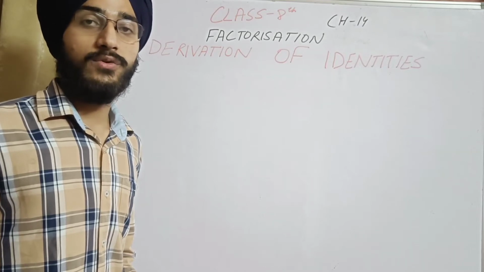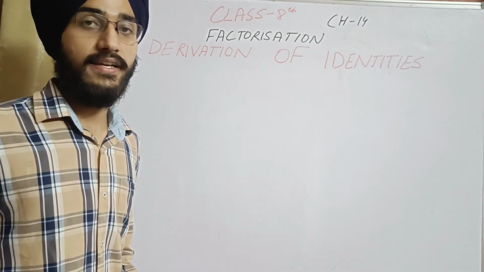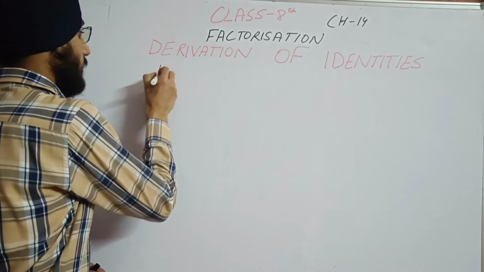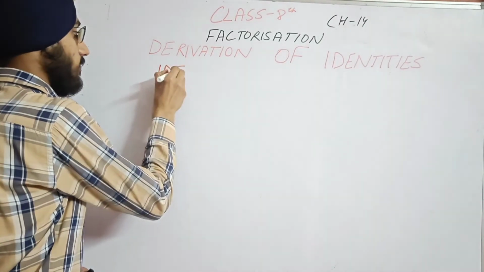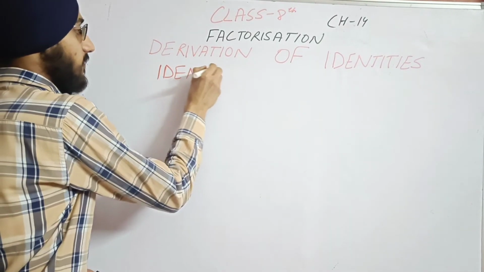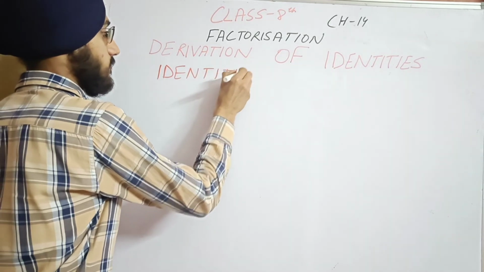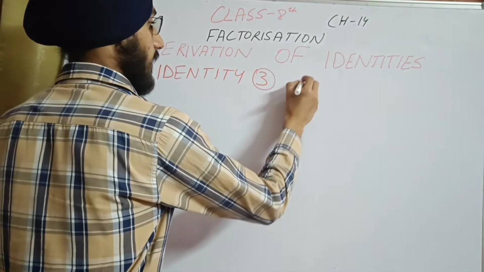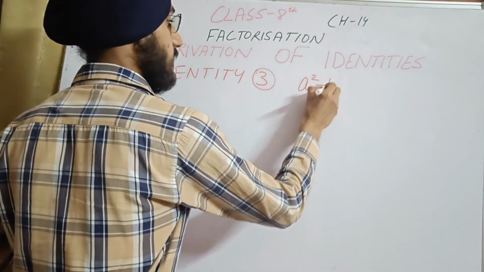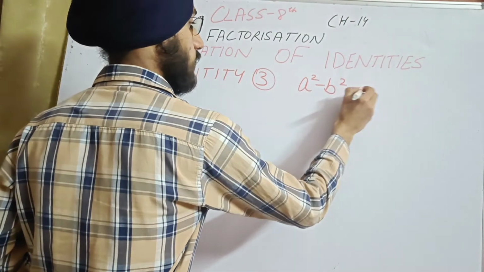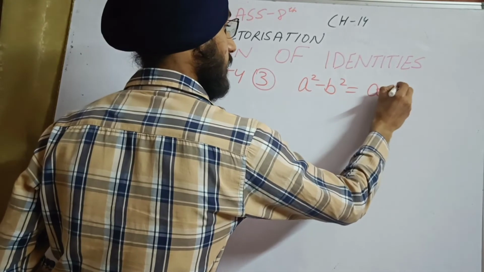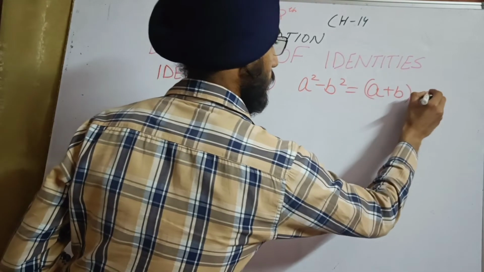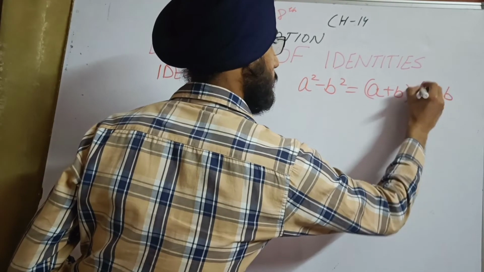Now we are going to derive the third identity, that is identity number 3, that is a square minus b square is equal to (a plus b)(a minus b).